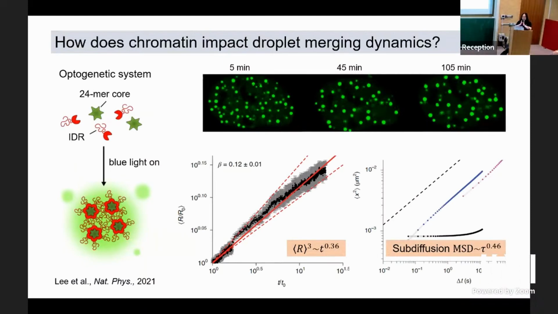Now, here there was a scaling argument saying that if you have MSD, which is tau to the alpha, then the ripening speed, R cubed, should be essentially T to the alpha.